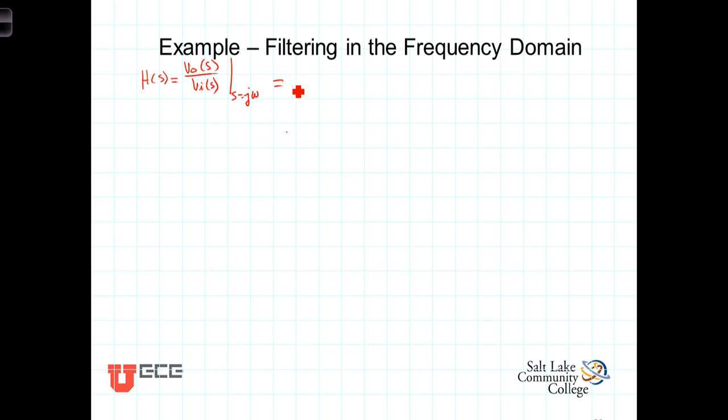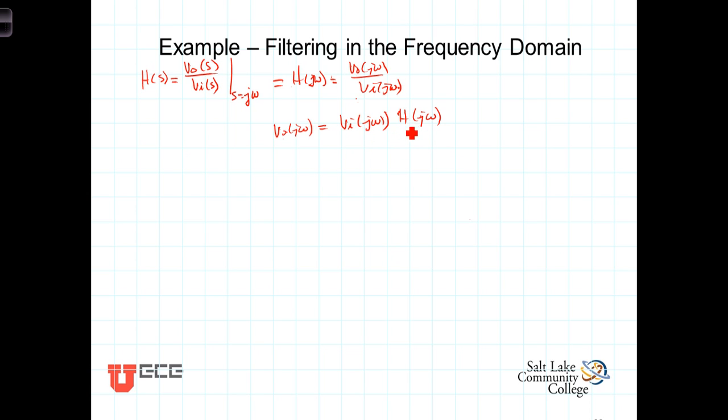That then becomes H(j omega), which is equal to V out of j omega over V in of j omega. Now, we multiply both sides of this equation to get that V out of j omega, which is the frequency spectrum of the output, is equal to the frequency spectrum of the input, V in of j omega, times the frequency response function.